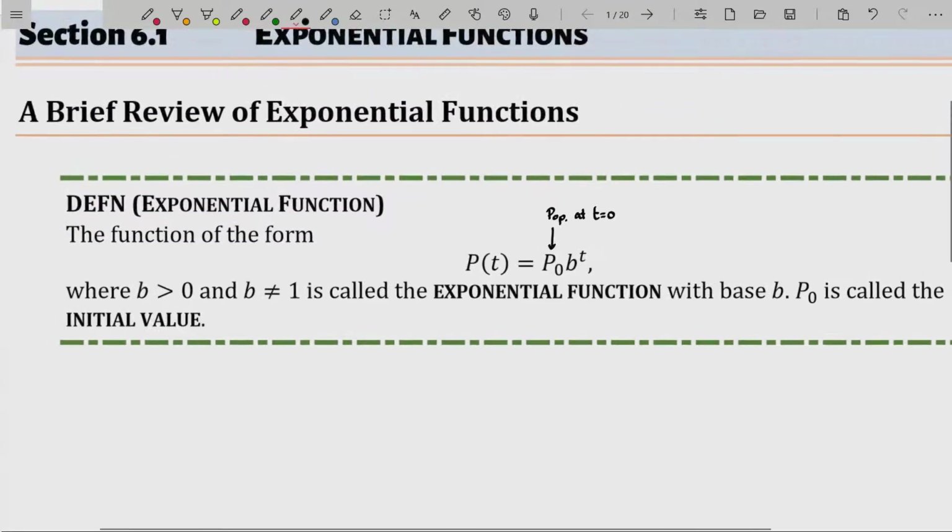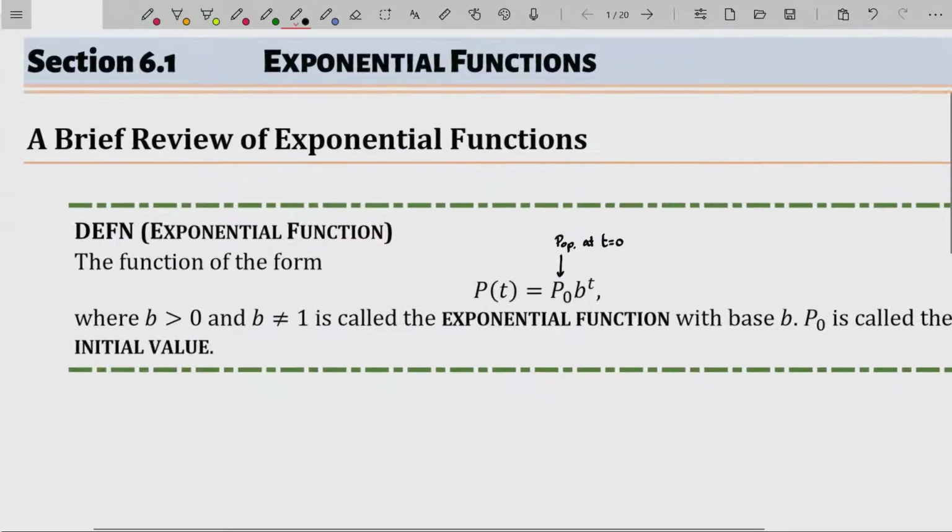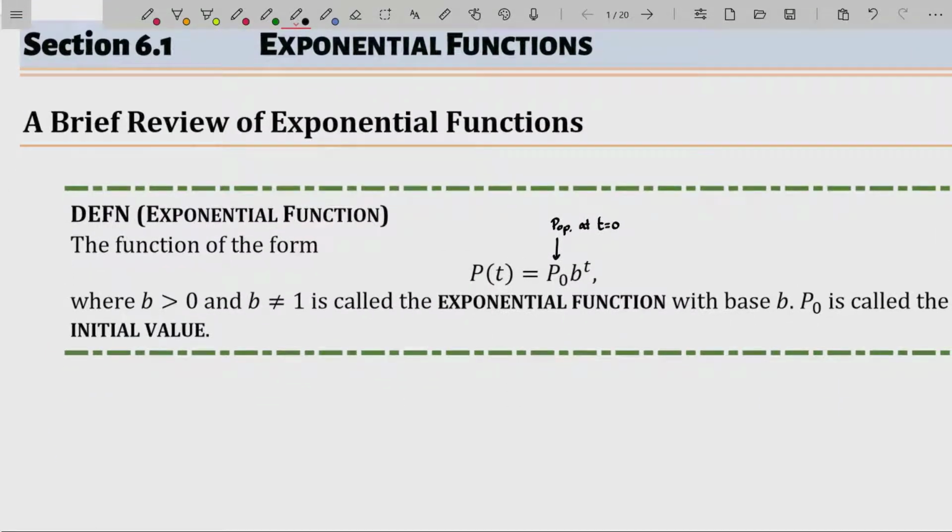The base of the function is b. And by definition, b must be positive, and it can't be 1. Why can't it be 1? Well, imagine that somebody says you have some population that's growing exponentially, and they tell you, yeah, and the base is 1. Well, if it's 1, then 1 to any power is still just 1.